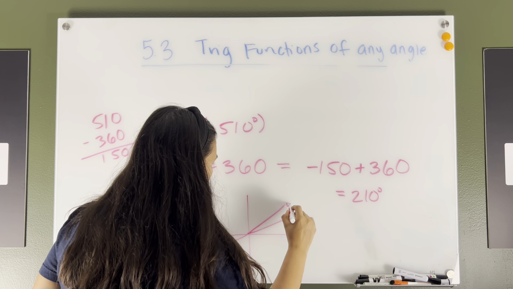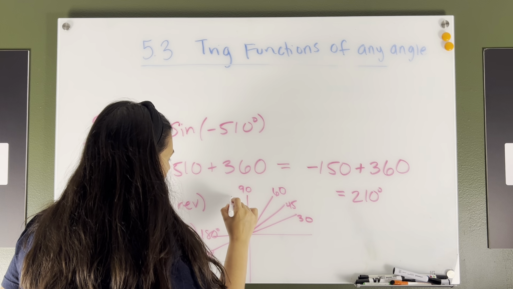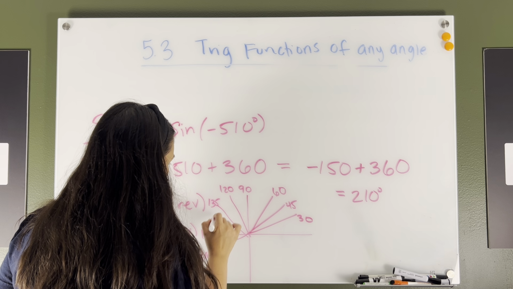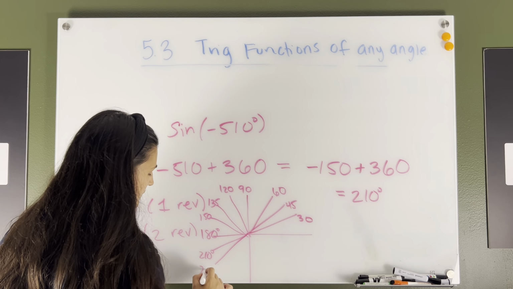It's always 30. Add 15. Add 15. Add 30. Add 30. Add 15. Add 15. Add 30. Add 30. Add 15.